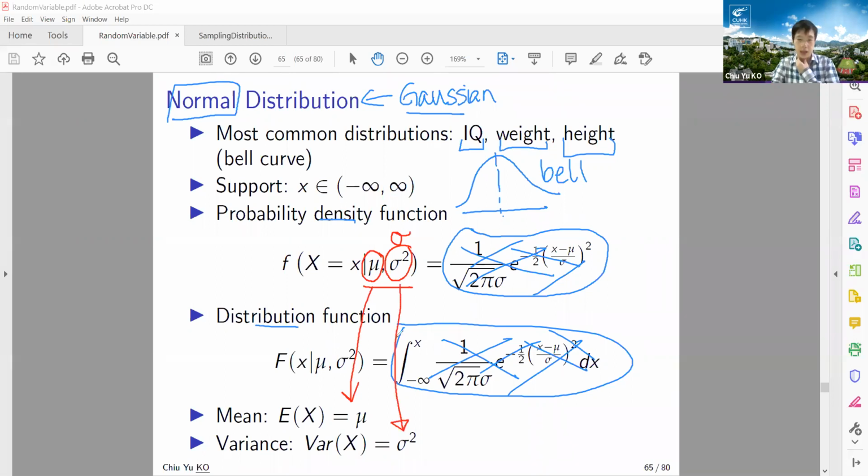And that means, as we talked about last time, this is the location, right? And this is the spread, okay?